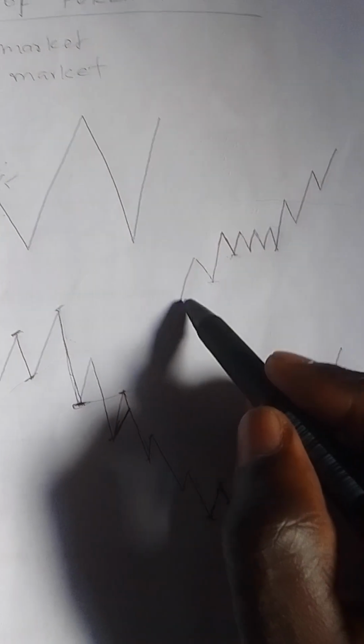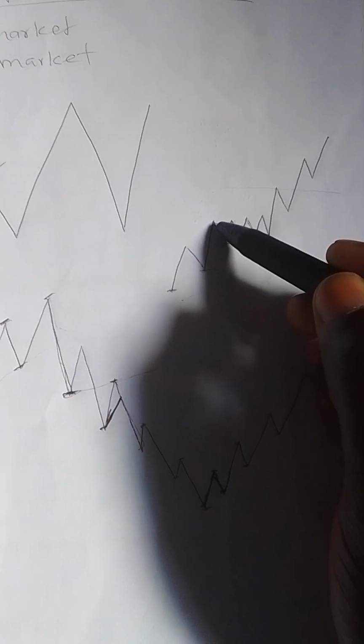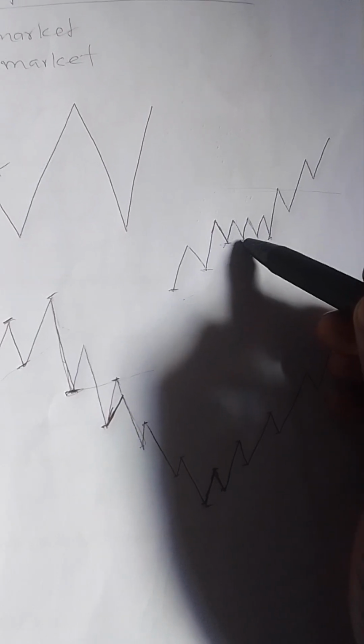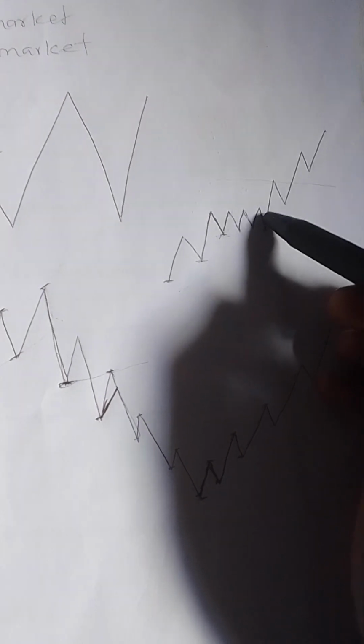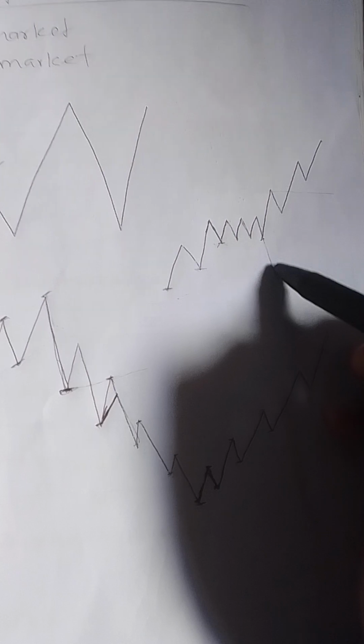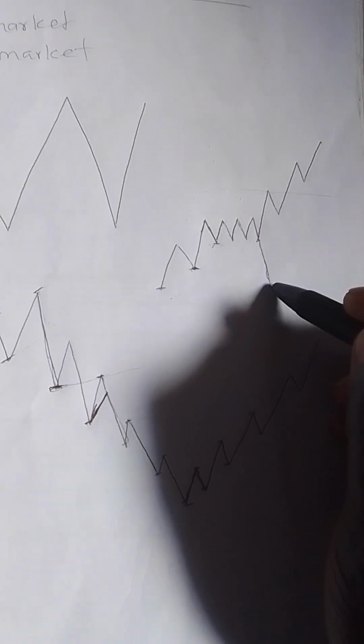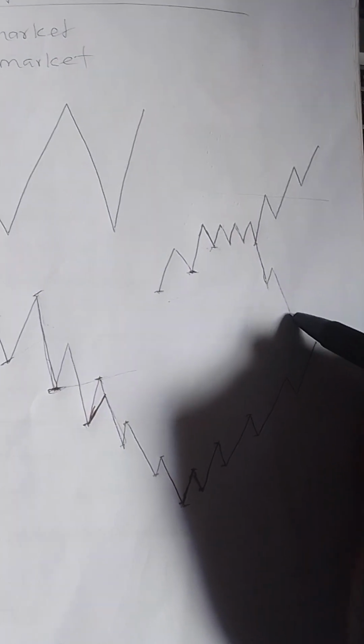But when it moves this way, after reaching here it tries to balance, and then after balancing, it moves down past this. Then it means this market is going down because it has moved past the lower. So the market will start moving down.